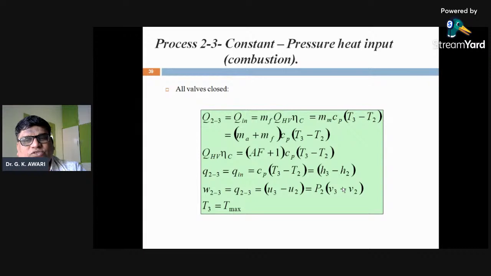So Q23 is equal to Q in, heat input, Cp in bracket T3 minus T2 is equal to H3 minus H2. So work done 2 to 3 is equal to Q23 is equal to U3 minus U2 is equal to P2 in bracket V3 minus V2. So T3 is equal to T max.